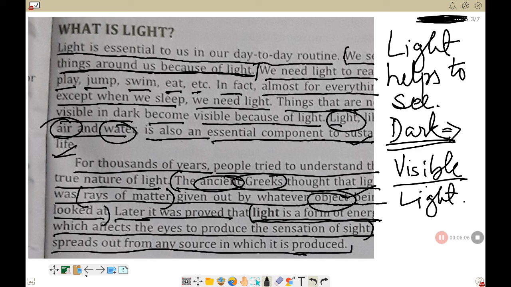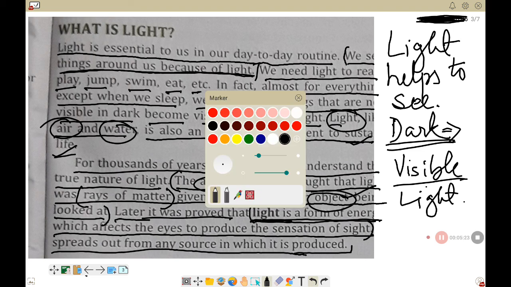So from here we understood that light is one of the most essential components apart from air and water. The other most important component, or you can say the things that you require to sustain life, is light. And what is light? So this would be the definition of light.